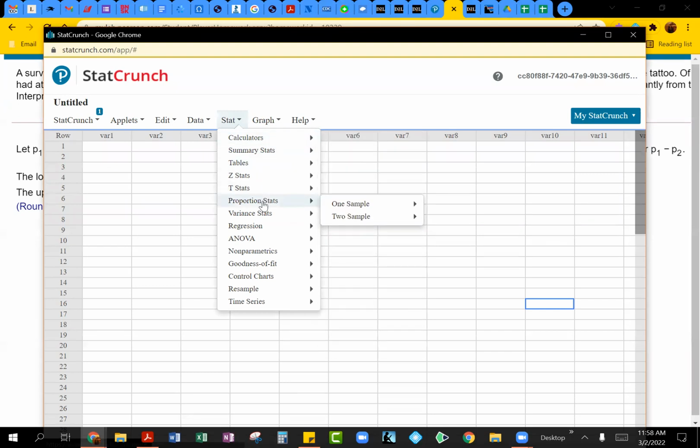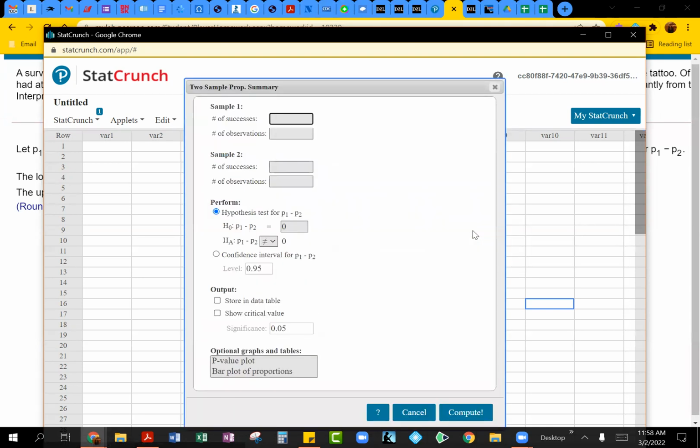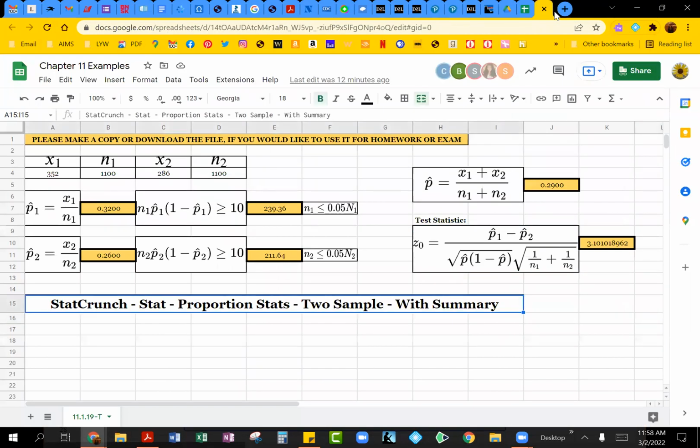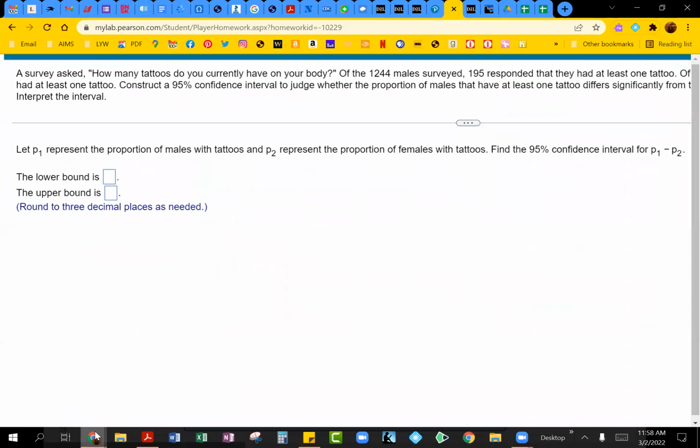Now I'm pretty sure we go 2 samples with summary. So basically the same route that you took over here for this example, you're taking that same summary route with this example over here.